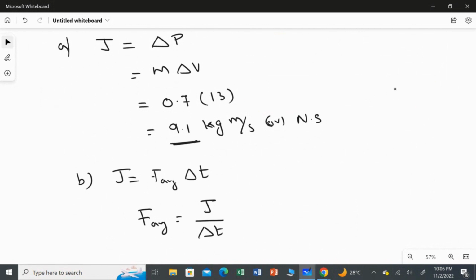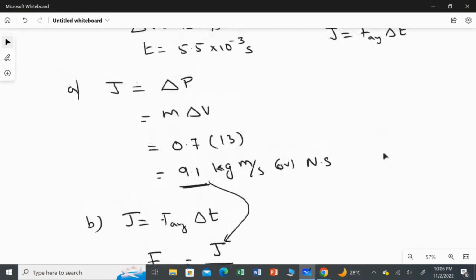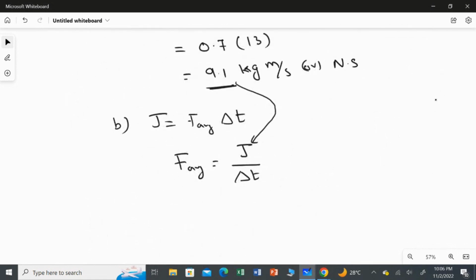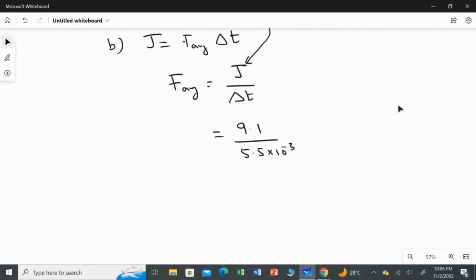So I'm going to take this answer and substitute here, and the delta t is already given as 5.5 milliseconds. So the J value is 9.1 divided by 5.5 times 10 to the power of minus 3. Once you solve, you will get the average force.